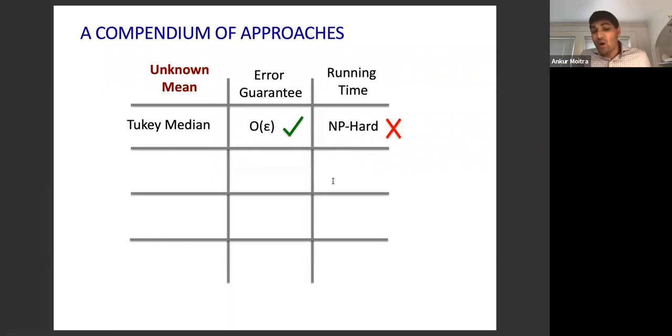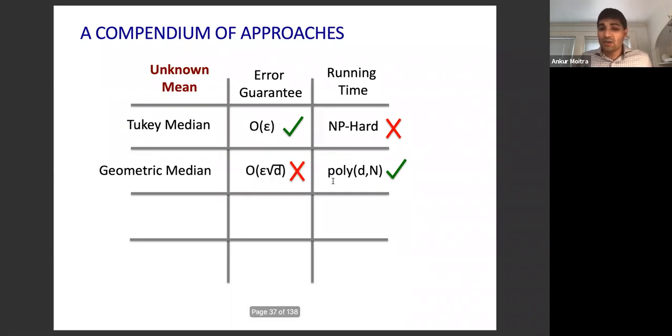So the next thing you might wonder is, maybe I chose the wrong generalization of the median from 1D to high D, right? So the other thing that I could do is something naive, like I could take the coordinate-wise median across each of the coordinate problems independently. That's obviously solvable in polynomial time because it's just D different one-dimensional median problems. But there's a big problem with this, which is you start off epsilon close to the Gaussian, you only end up epsilon times root D close to that Gaussian.